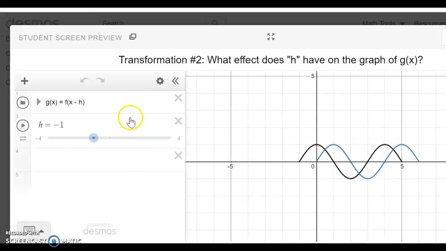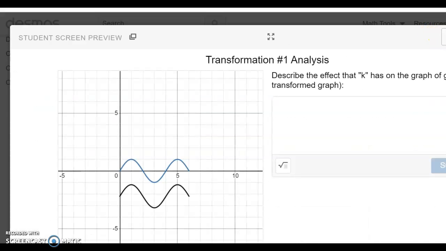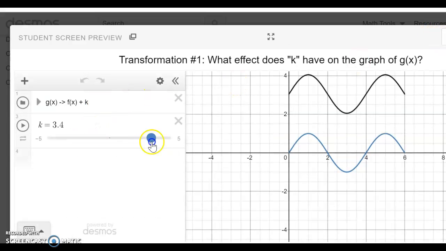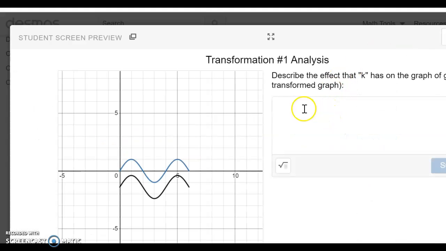Another example of a transformation was, what if there's something being added or subtracted to our x value inside our parentheses? Once you messed around with that and moved the slider around to see the effect, your job was to summarize your thoughts on that transformation.